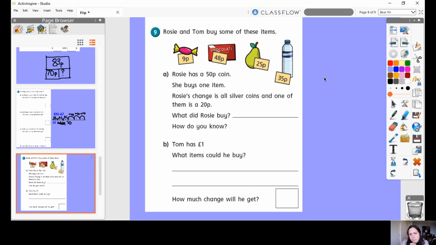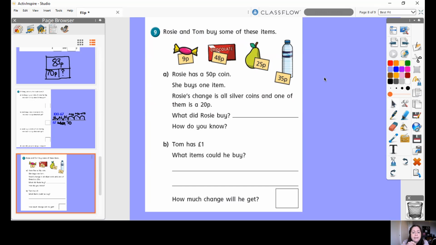So I want you to think about what we know about multiples of 5 and what they end in, and see if there's any that end in a multiple of 5, and then work out the change. Once you've worked out the change for those, see which one you would need a 20p piece for, and that will be your answer.